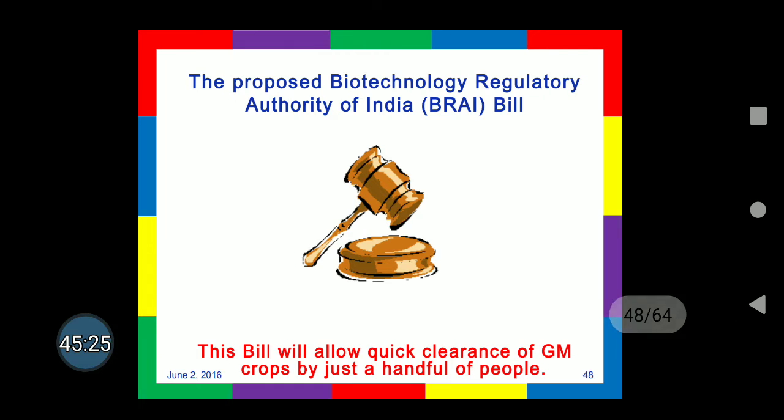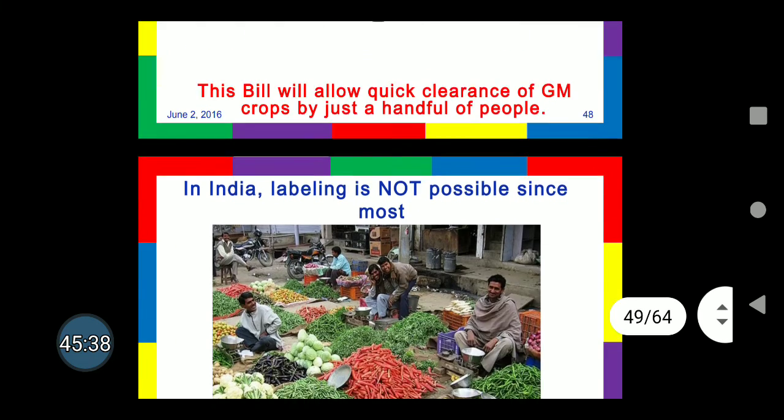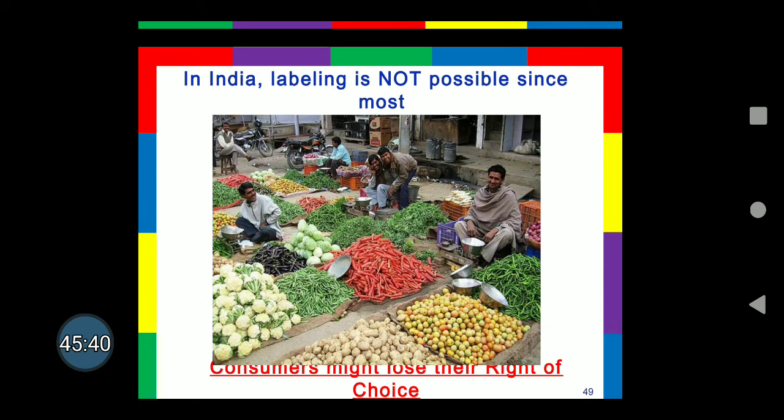The proposed Biotechnology Regulatory Authority of India, called BRAI, bill will allow the quick clearance of the GM crops by just a handful of people. In India, the labeling is not possible since most of the consumers are below poverty line.